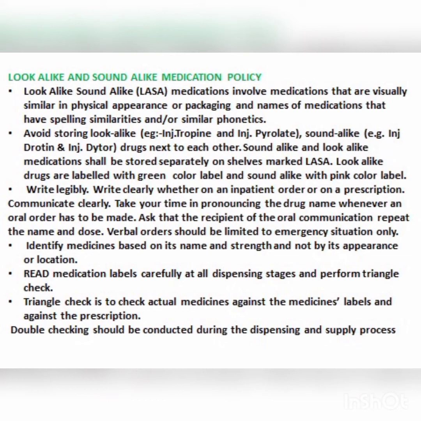Read the medicine label carefully at the dispensing stage and perform a triangle check. Triangle check is to check the actual medicine against the medicine's label and against the prescription. Double checking should be conducted during the dispensing and supply process. So this is regarding the look-alike and sound-alike drug policy.